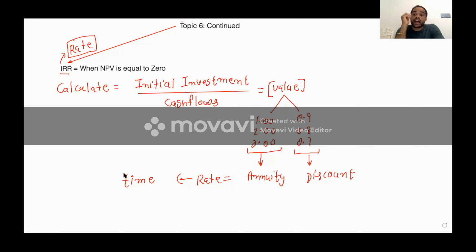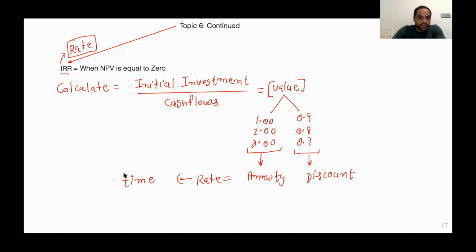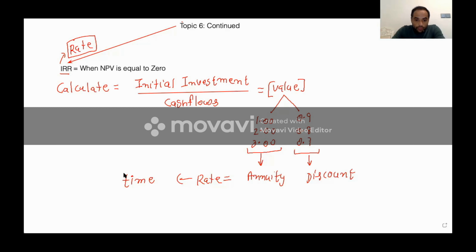Now, time is, for example, 5 years. Now we go to 5 years, only the 5 years row. We don't have to look anywhere else, just the 5 years row.